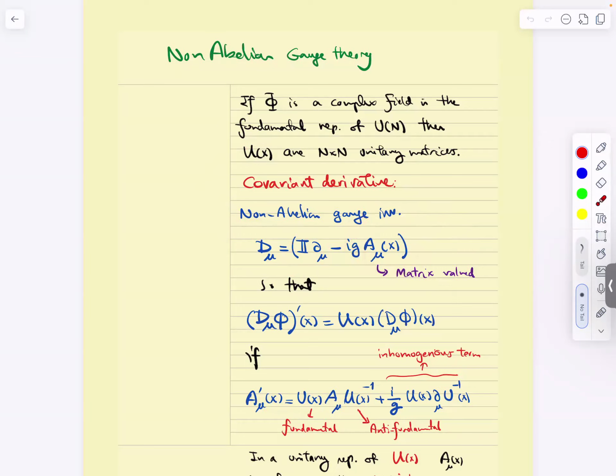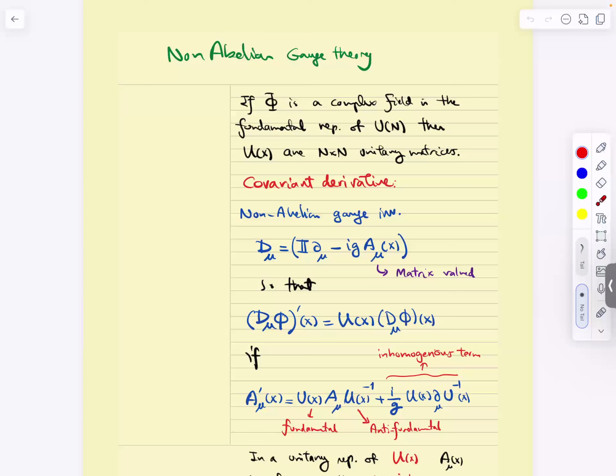And the idea for introducing this new matrix valued field is that if we require that it transforms this way under the transformation of u, then we get a cancellation. Then what we get is that D mu transforms covariantly. So if A mu, the gauge field, transforms this way under the transformations, which is adjoint, right?